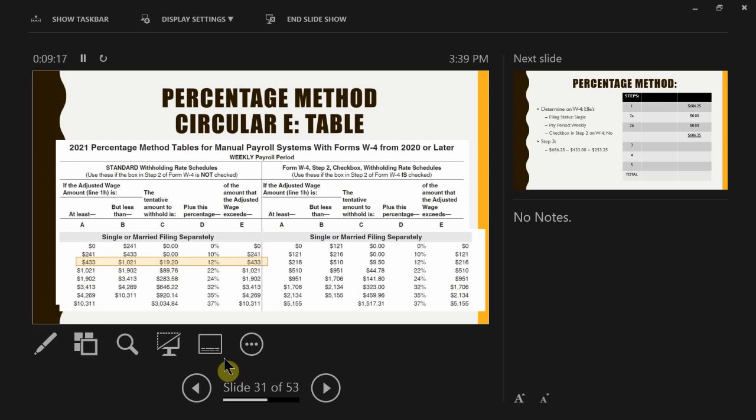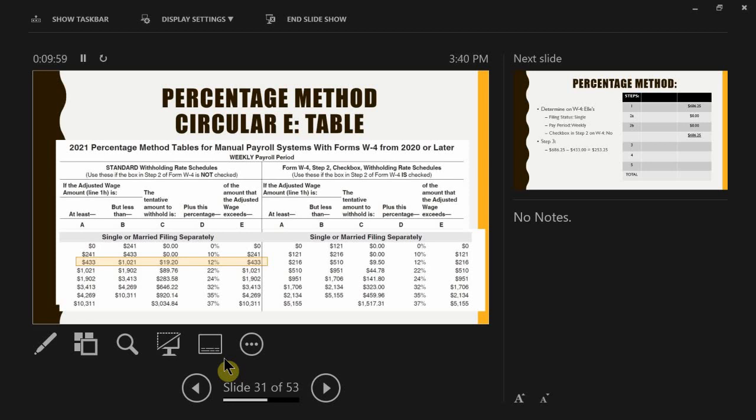Now, how we understand columns C, D, and E is going to be like this. C says that the government is going to take away $19.20 from the paycheck regardless of the amount she earns. This is an automatic deduction, this $19.20. However, the government is going to allow you to keep $433 as personal, non-taxable money.